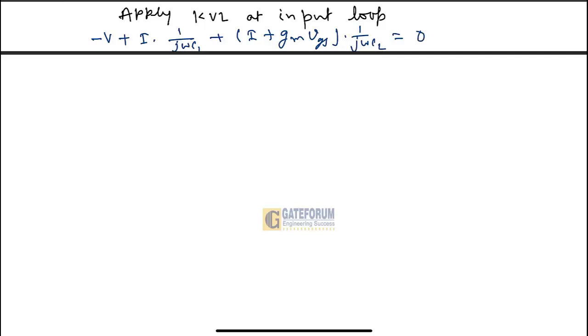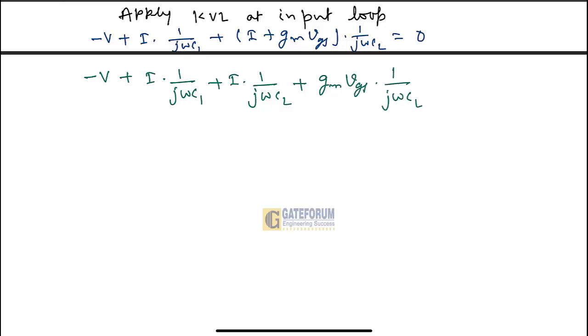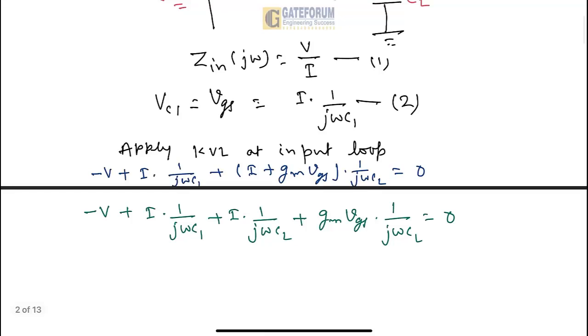So here we can rewrite the same equation as minus V plus I into 1 by j omega C1 plus I into 1 by j omega CL plus gm into VGS into 1 by j omega CL is equal to 0. Now from equation number 2, we can substitute VGS in this equation. So what will we get then?